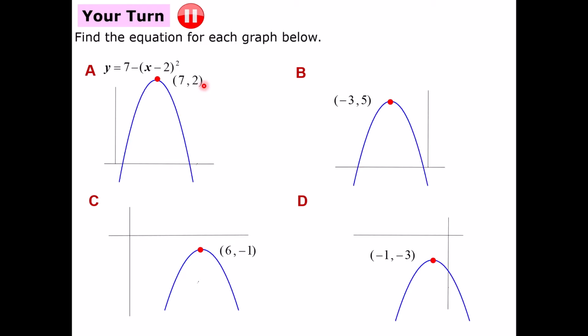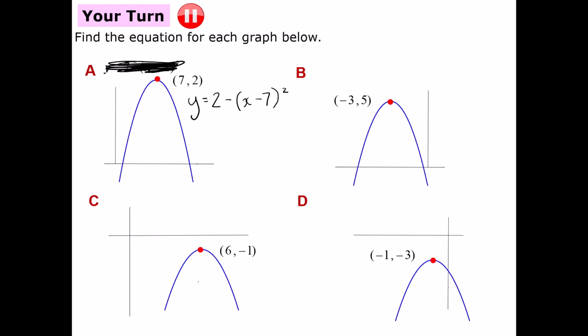So we're going to have y equals, this is round the wrong way, this should say y equals 2 subtract x minus 7 squared. Ignore that one. Okay, so your B comes first, 2 subtract x minus 7 all squared.